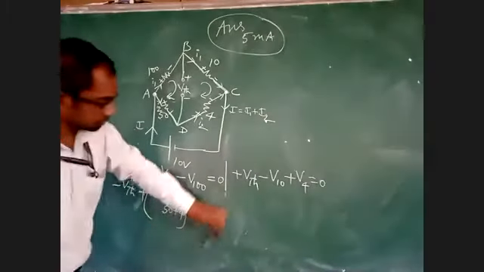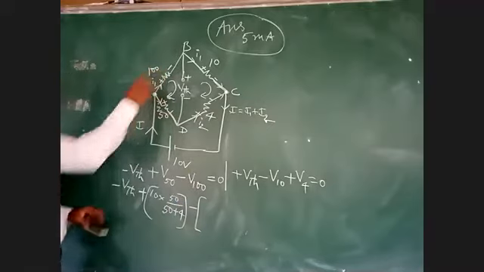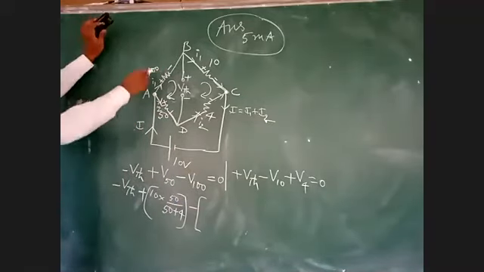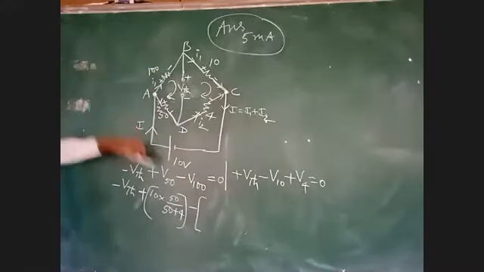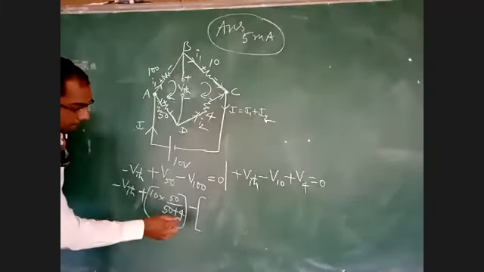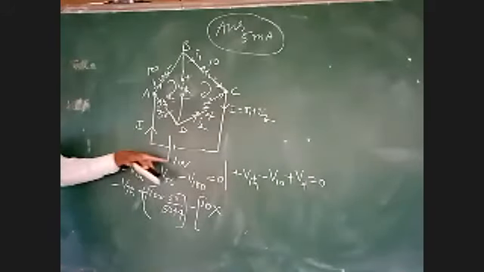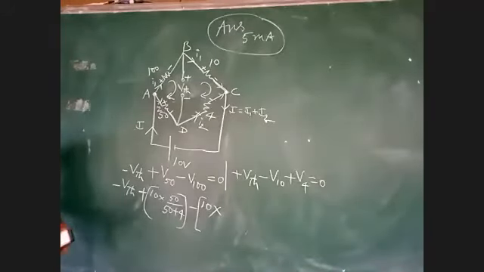Now, see the voltage in 100 ohms. We have to determine the voltage in 100 ohms. What is the total voltage? 10. This is the battery voltage, which is nothing but total voltage. Same branch resistance, what is that?